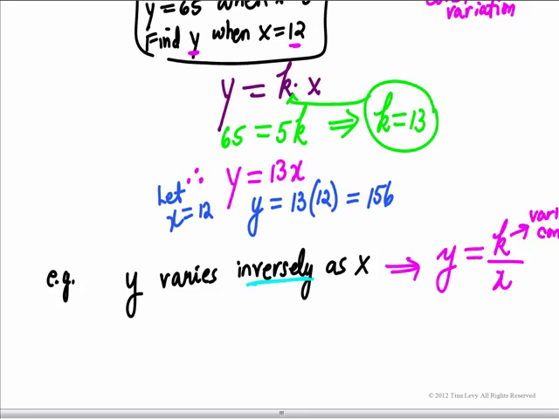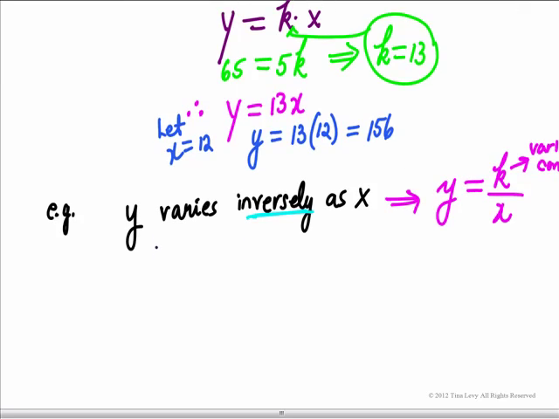Just like I did for direct variation, I will say if y varies inversely as x, when x is 5, y is 45, find y when x is 13.